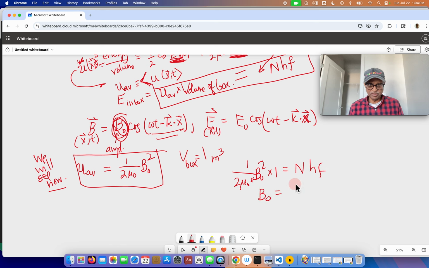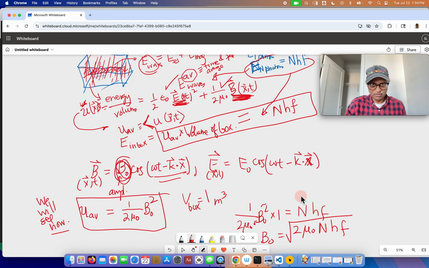So B0 will be the square root of 2 mu 0 nhf. And we just need to work out the numerical value.